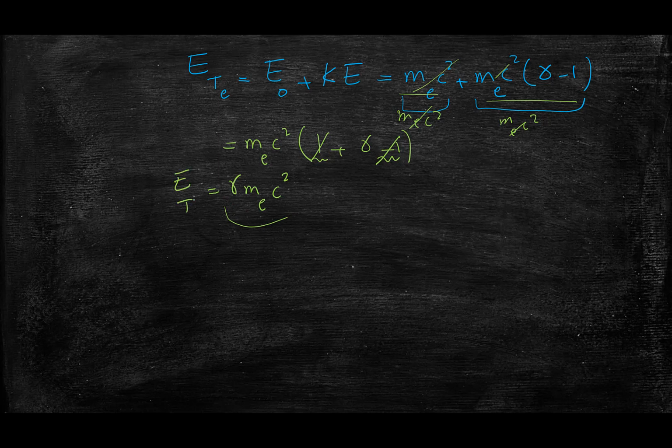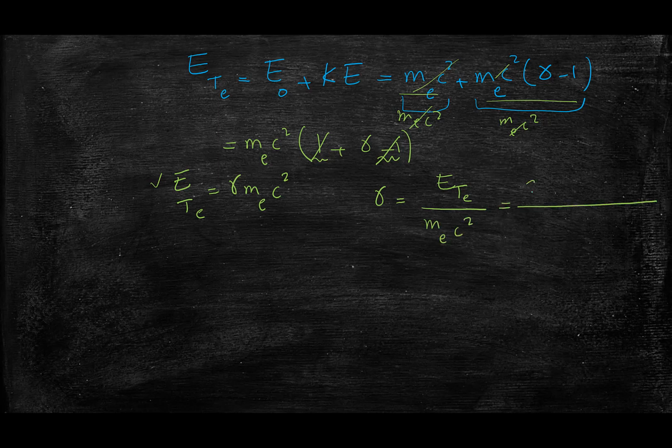All right, so we have the total energy here. Now what we're doing is solving for gamma, since we have the total energy from the previous page. So I will have gamma equal to the total energy of the electron over the mass of the electron times c squared.